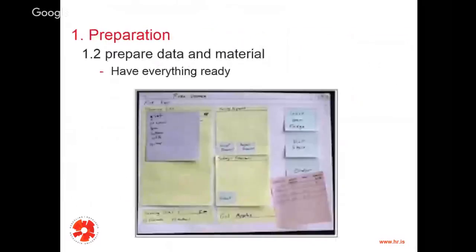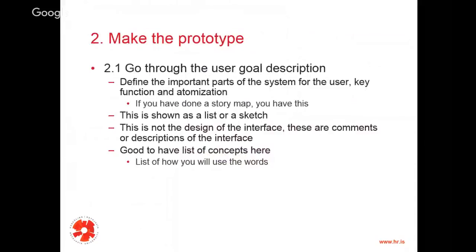Okay. So this is not a design. It's more like a comment or description of the interface. And it would be maybe good to have also a list of concepts there. And here, like for the bookstore, a book is a concept. That is like one item.